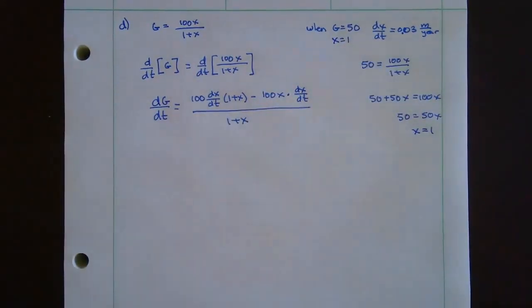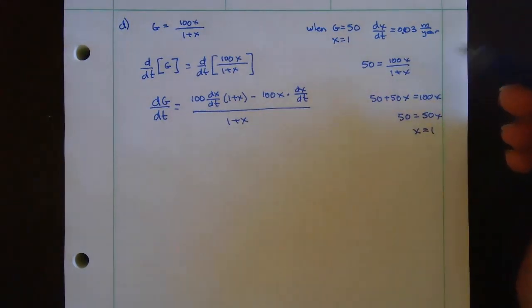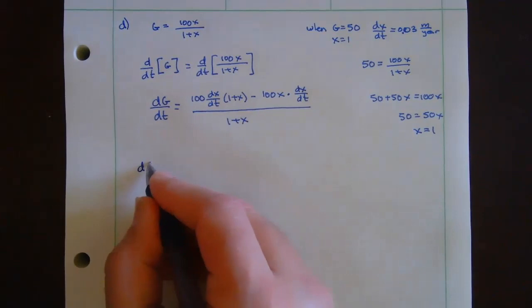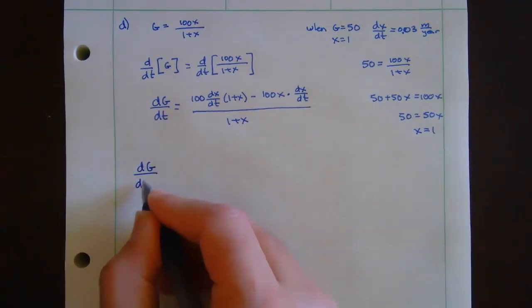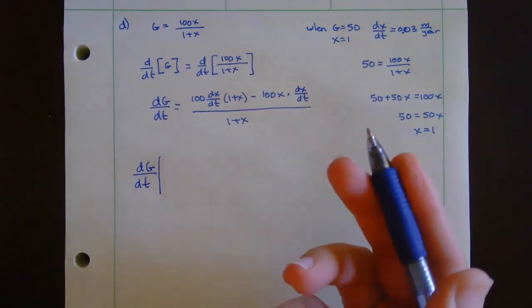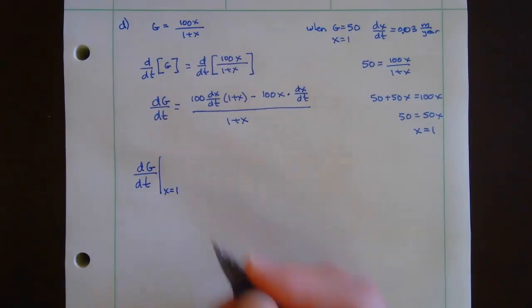The diameter of the tree is 1 meter, and the diameter is increasing 0.03 meters per year. So they're asking you to find dg dt at g equal to 50, but that's the same as saying x is equal to 1.